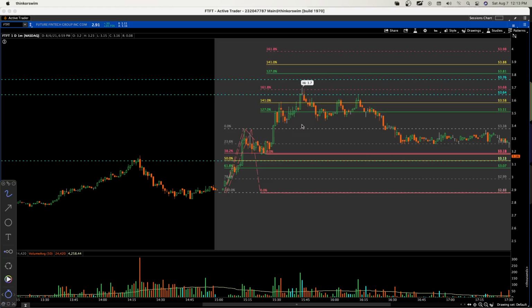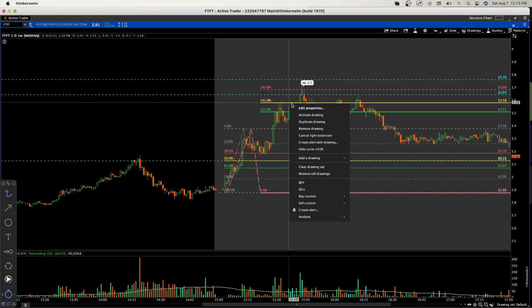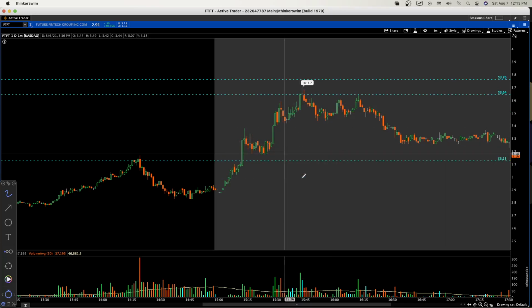So let me explain why I don't do that. What we're measuring, let me get rid of these drawings here so you guys can see better. Okay, what we're measuring is this move. This is what, in my opinion, fibs are all about, these retracements and extensions. We're measuring that big significant move.